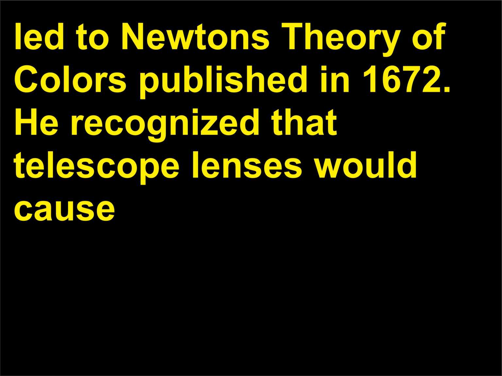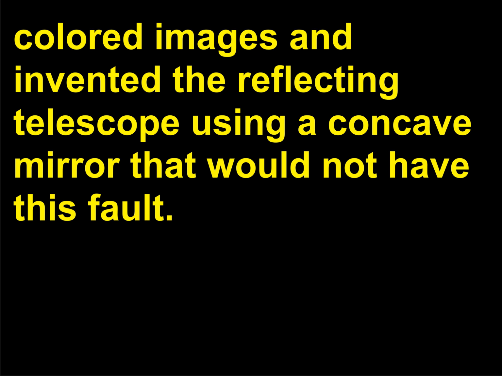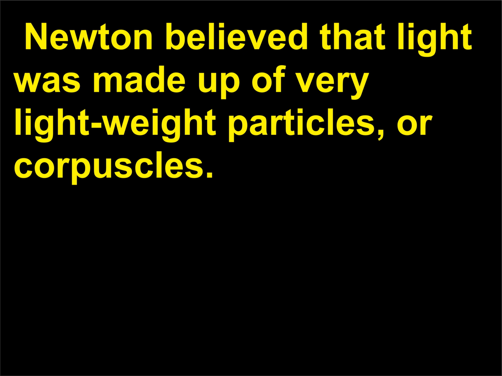He recognized that telescope lenses would cause colored images and invented the reflecting telescope using a concave mirror that would not have this fault. Newton believed that light was made up of very lightweight particles, or corpuscles.